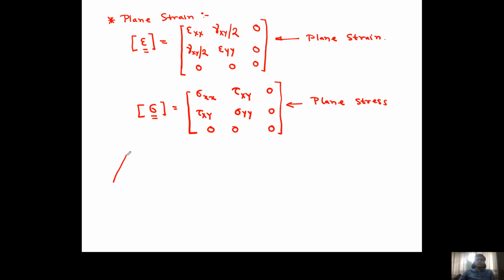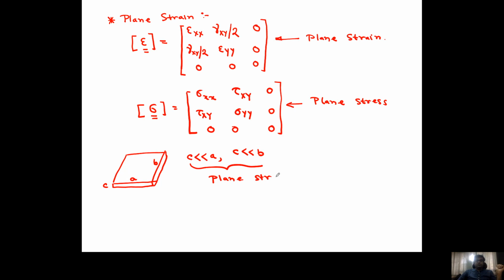So if you remember, we drew this plate and we said this side is A, this side is B, and we have this height which is C. So plane stress condition holds if C is much less than A and C is much less than B. Now this is not the only condition. Obviously, it also depends on the force and the boundary condition, but this is one of the conditions that we discussed in our last lecture.